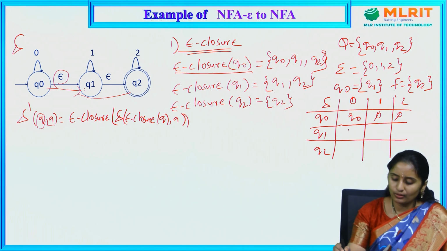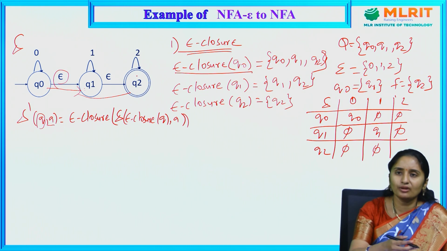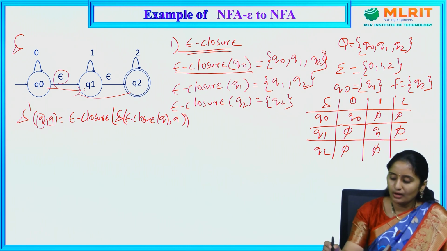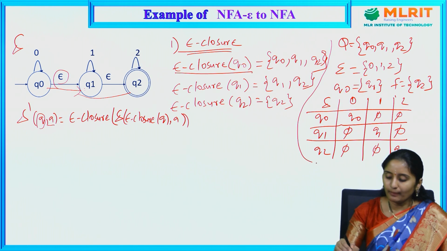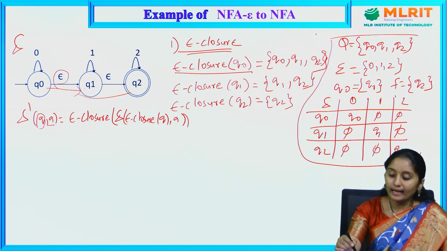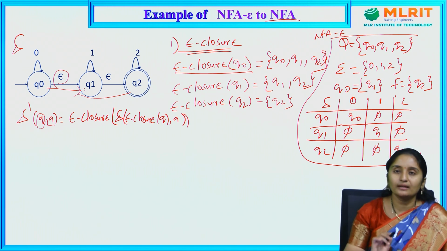Q1 on 0 is phi, Q1 on 1 is Q1, Q1 on 2 is phi. Q2 on 0 and 1 is phi; only Q2 on 2 has a transition. So these are the tuples we have found for the NFA with epsilon. Now we are going to find the NFA without epsilon, nothing but the NFA diagram.